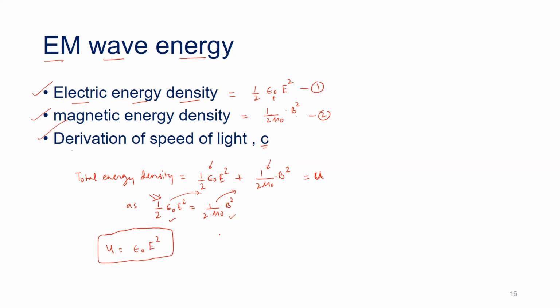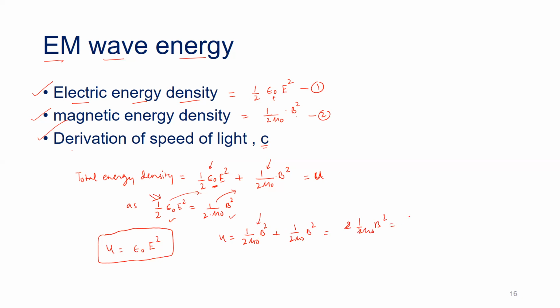Similarly, we can write U equal to 1 over 2 mu naught B square, because we can replace this with this value, plus 1 over 2 mu naught B square. So that will be equal to 2 times 1 over 2 mu naught into B square.